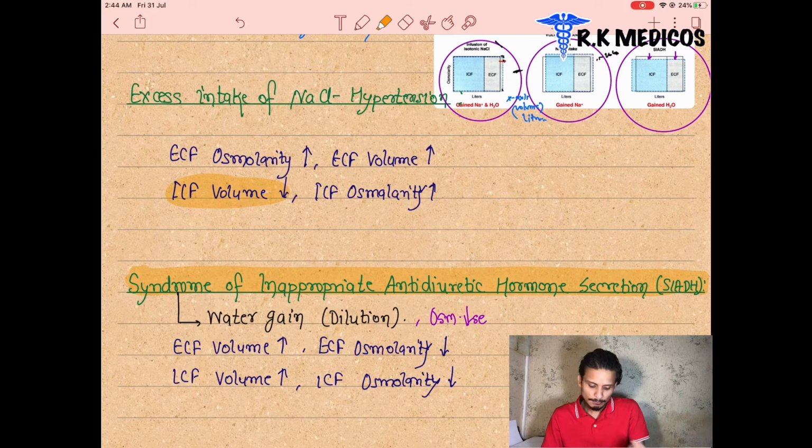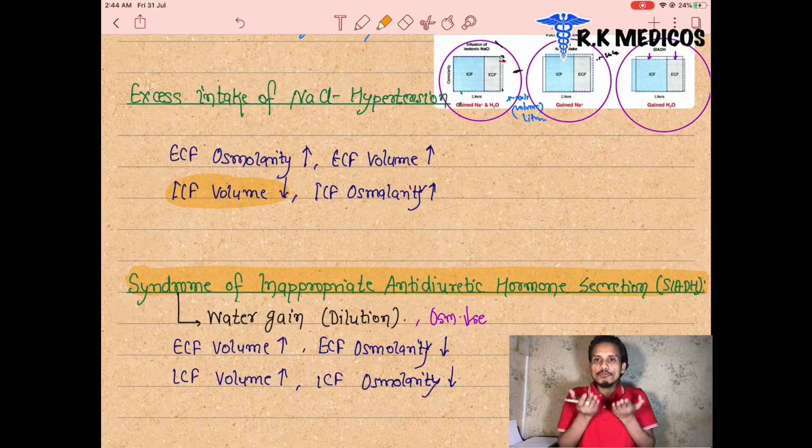When we are conserving water inside our body, the volume of water is going to increase. So you can see here the water gain.